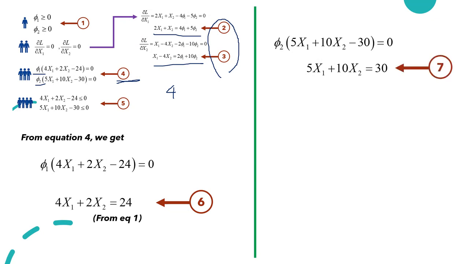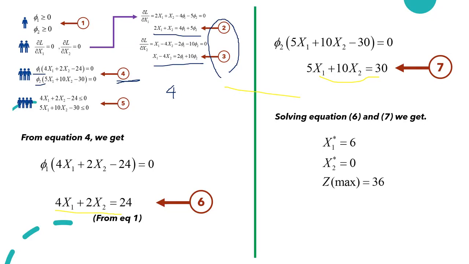So now you can see here there are 2 variables and 2 equations. It is easy for us to solve this. So we can solve equation 6 and 7. Solving equation 6 and 7, we will get the values of x1 and x2. Substituting that in our objective function, we will get the value of z.